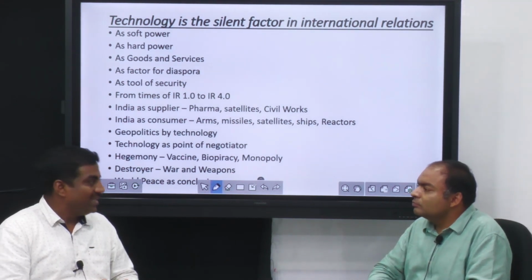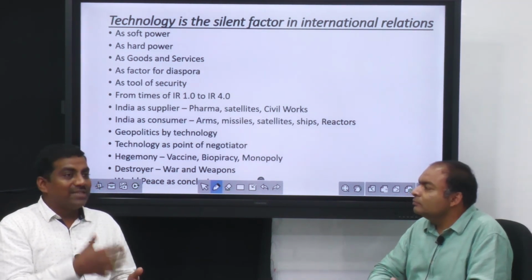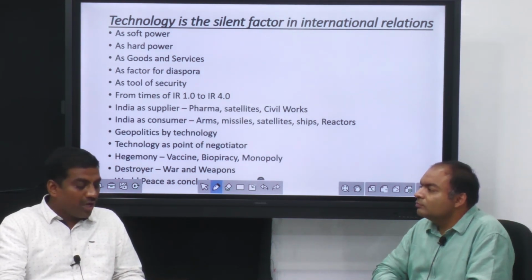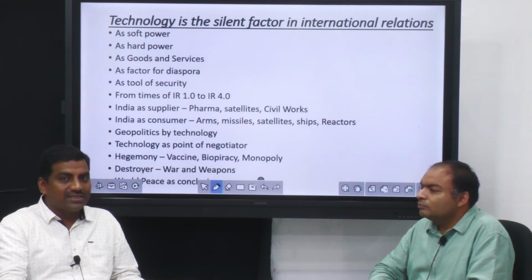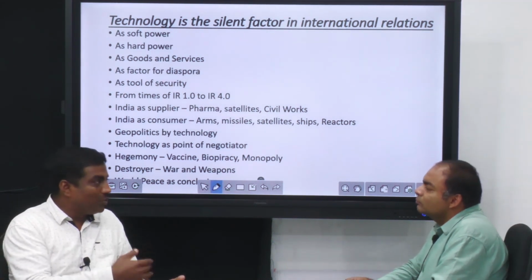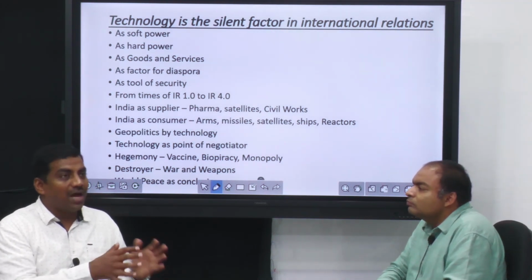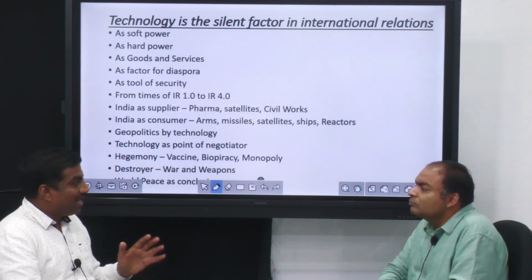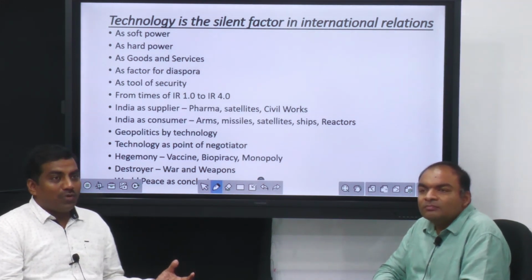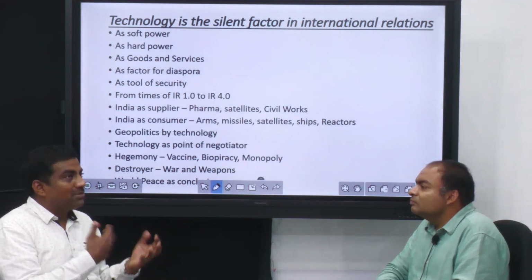For example, in the NSG, there are many impediments to India joining. Whether it is nuclear fuel or nuclear technology that other countries have, they are not allowed to pass that technology or nuclear material to India. So this is how the P5 countries negotiate through their technologies, or their collective power. Like this, it becomes a negotiator also.